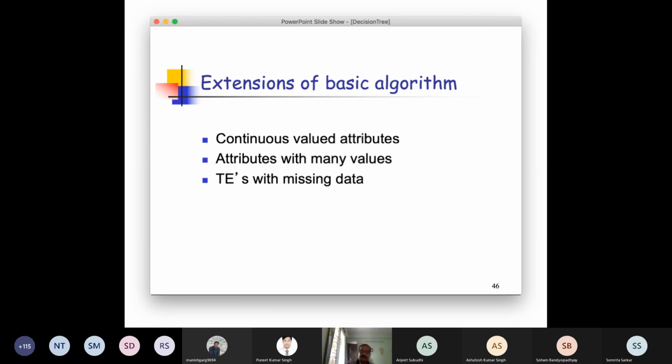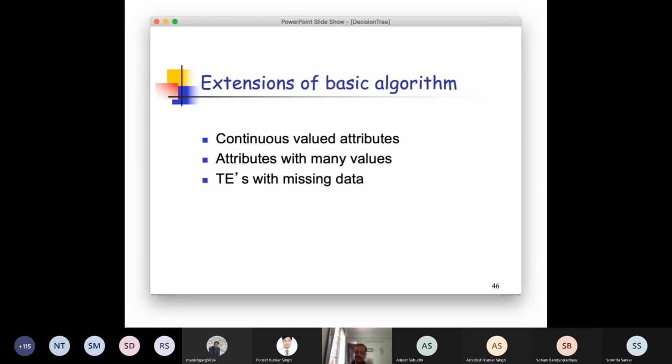Then training examples with missing data. We have always considered that every training example has labels, etc. But in practical situations, sometimes all the measurements may not be available. You may have partial measurements.